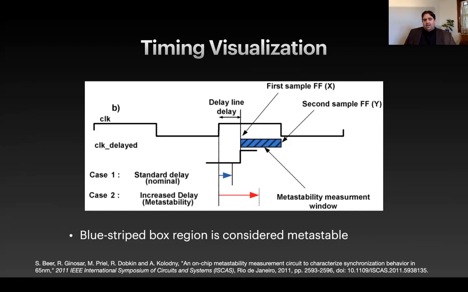And the authors do say that outside of that box, it's negligible how many metastability cases would resolve even after that point, so that's not included here. But this is just a visualization of how the authors went about measuring metastability events of a flip-flop.